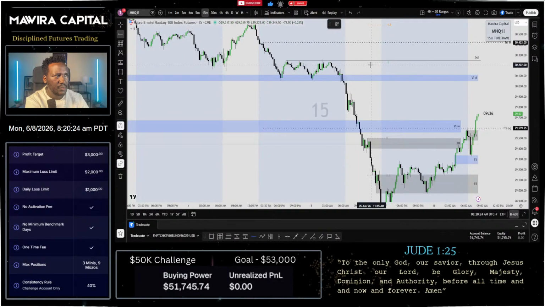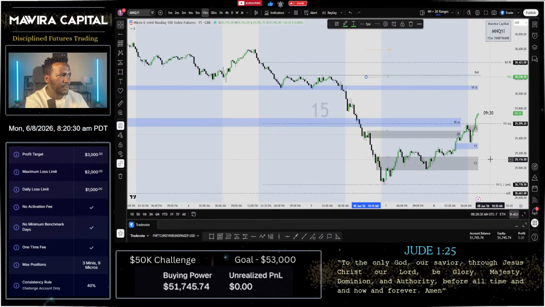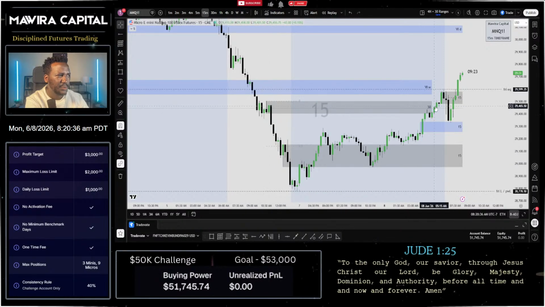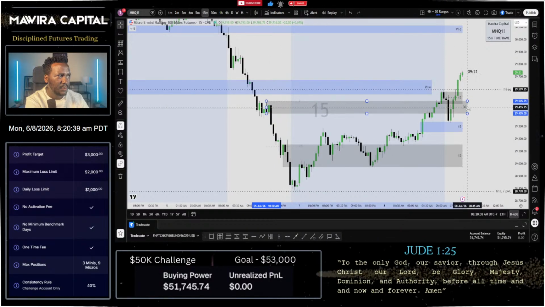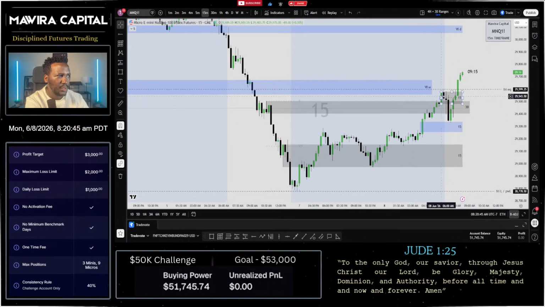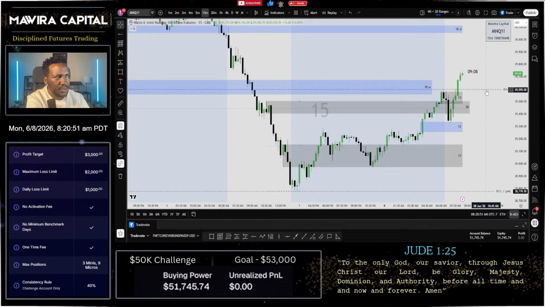I will mark this just to see if we'll get there. 1 SD, and that will be the low to the high of the breaker that I think was respected, which I would say was this one. Even though we confirmed, we went down, but immediately, you know, resumed the other side. So that's what I'm seeing.